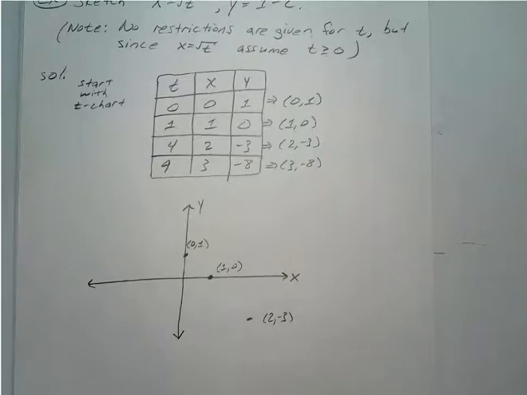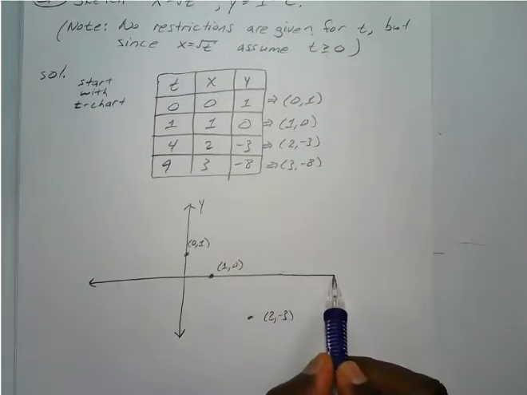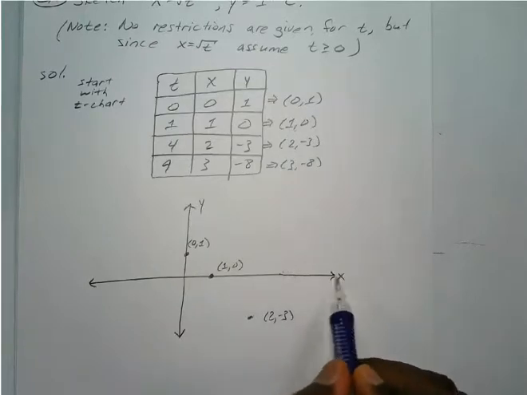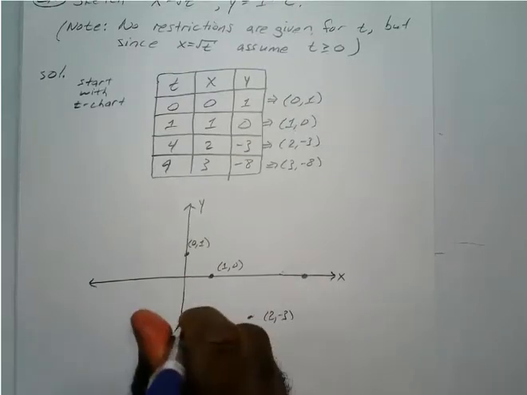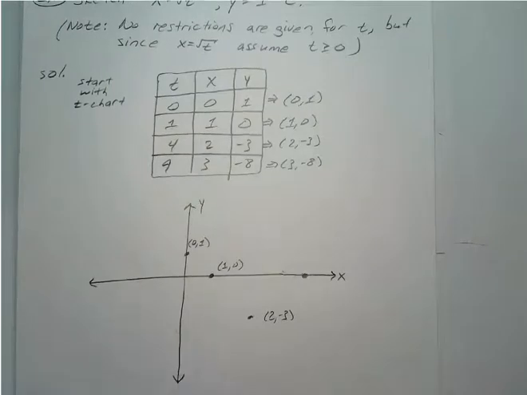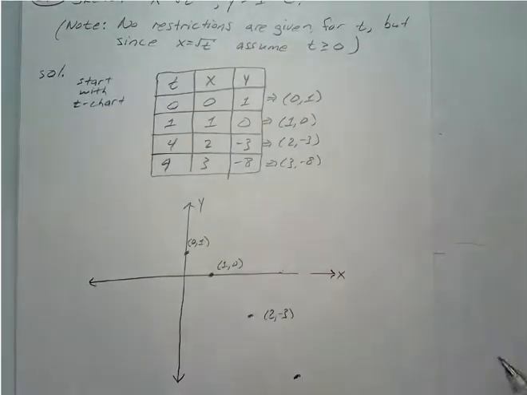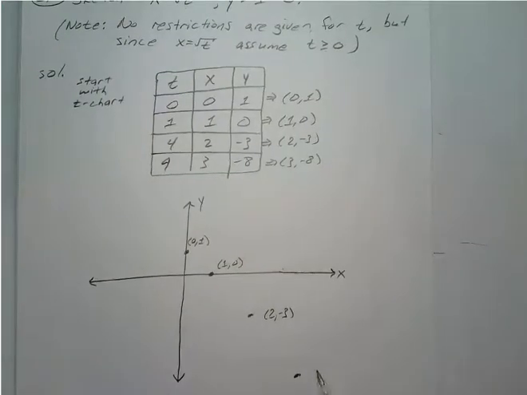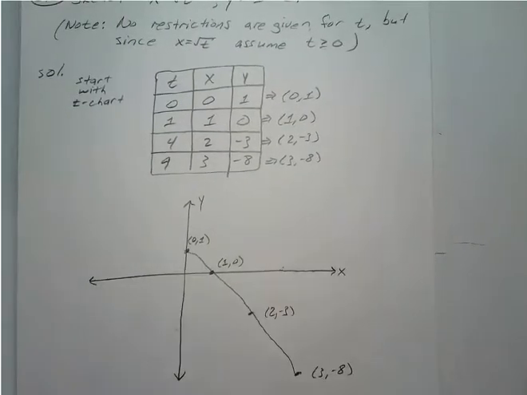Let me draw this out a little bit further and make this a little further down. And (3, negative 8) is about right there. There we go. So this is our (3, negative 8). And we just go ahead and connect those.